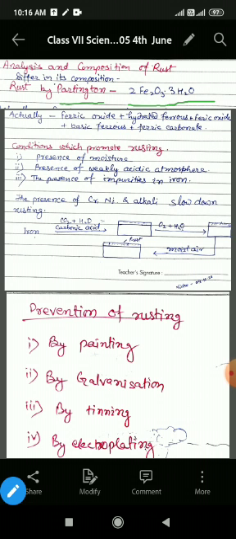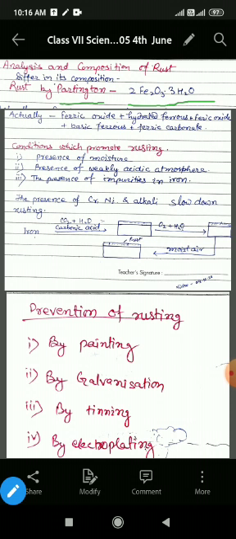Actually, rust is ferric oxide plus hydrated ferrous plus ferric oxide plus basic ferrous plus ferric carbonate.